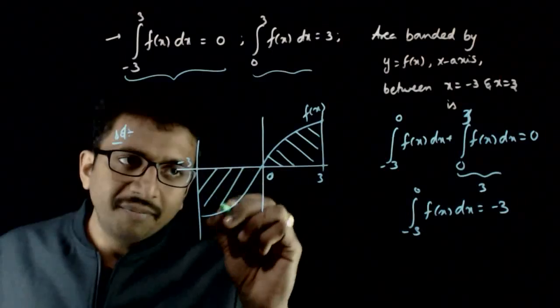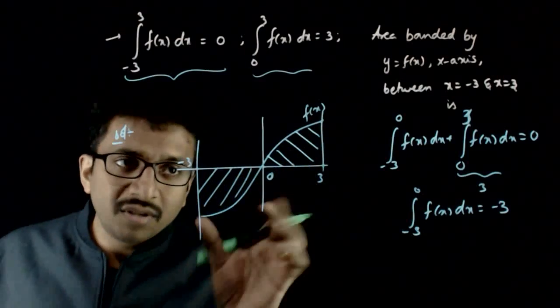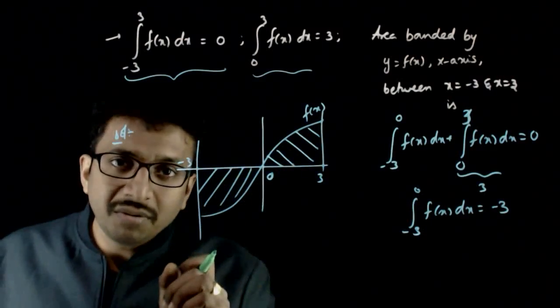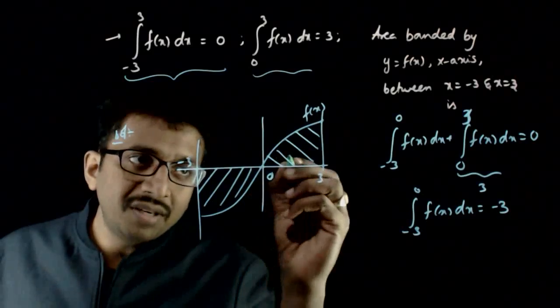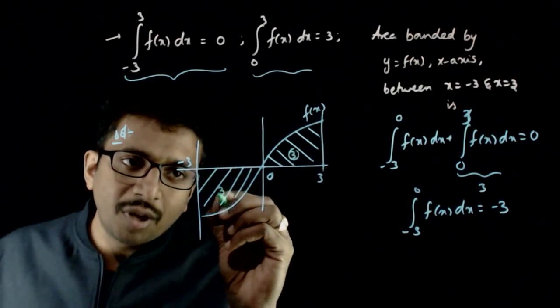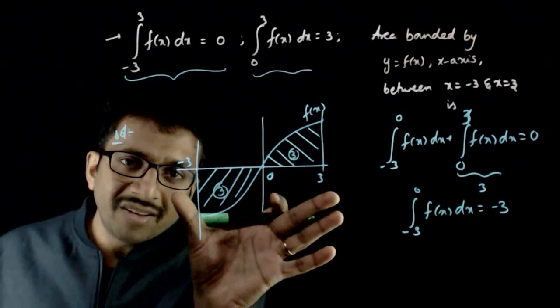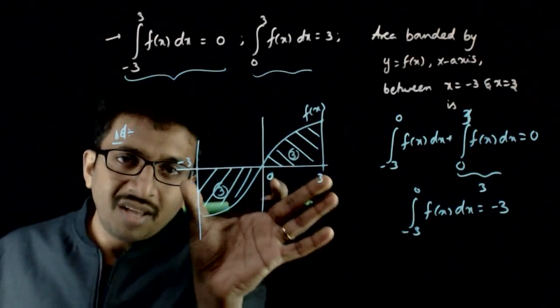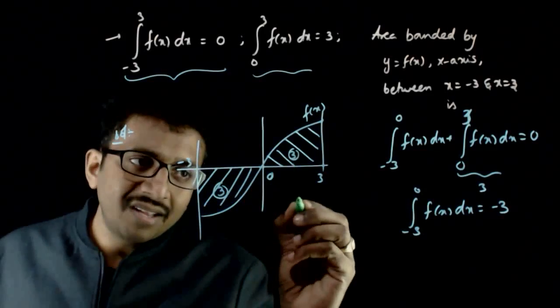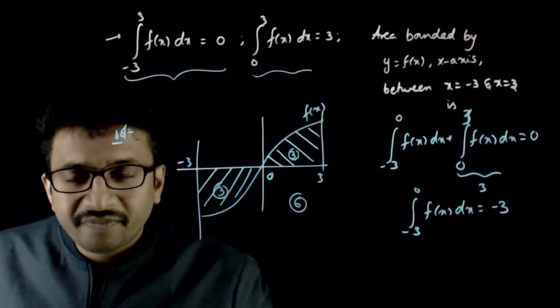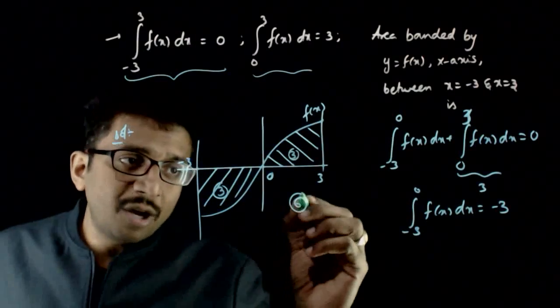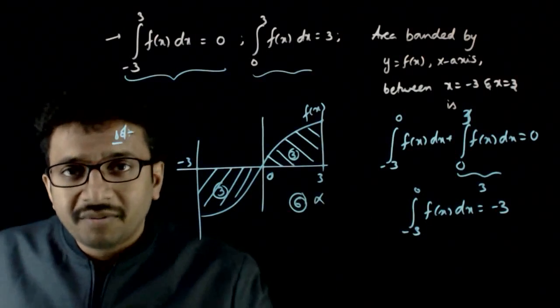This area is 3 units, so by symmetry this area should also be 3 units. So the total area from -3 to 3 would be 6 units. And if you mark this option, the question will be wrong.